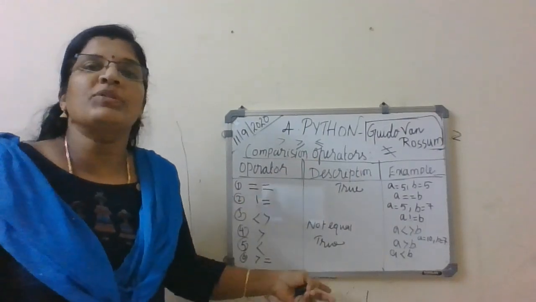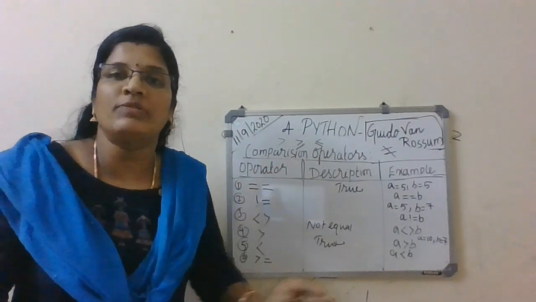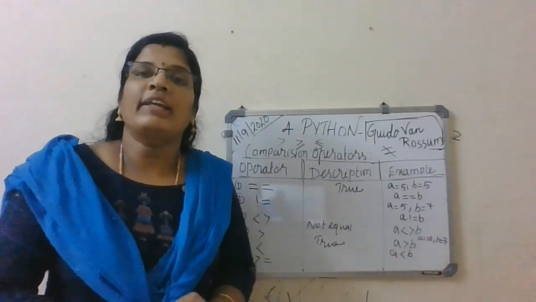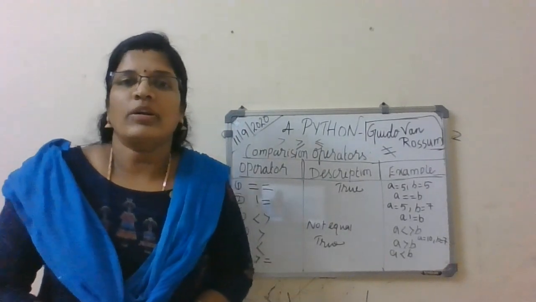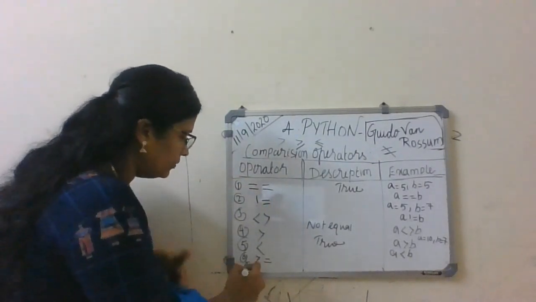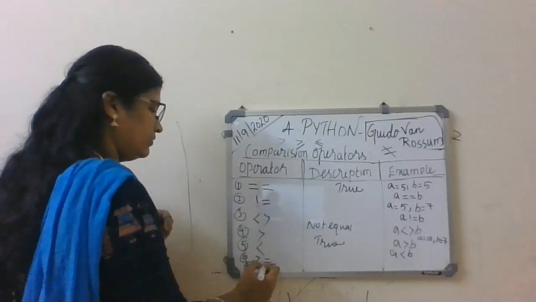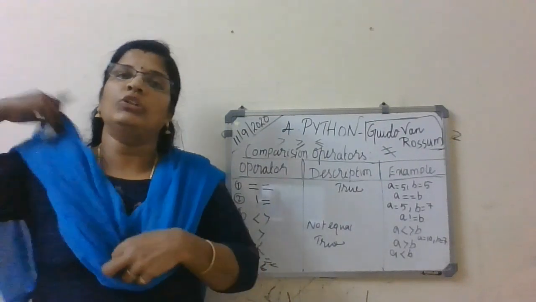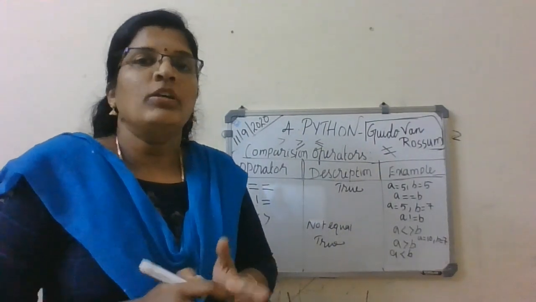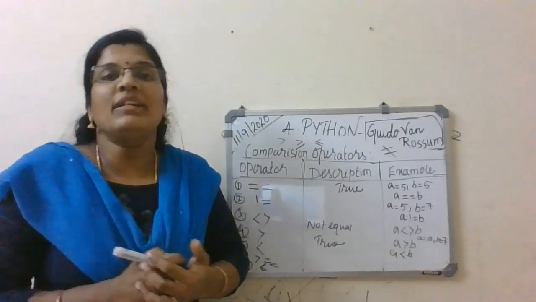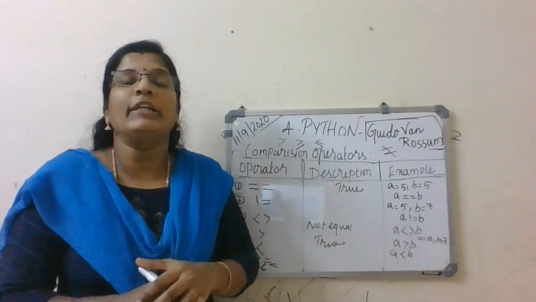The descriptions all give true or false values, depending upon the examples we have taken. Then lesser than or equal to, the lesser symbol followed by equal to, that means less than or equal to. So these are all called comparison operators, because we are comparing two numbers.